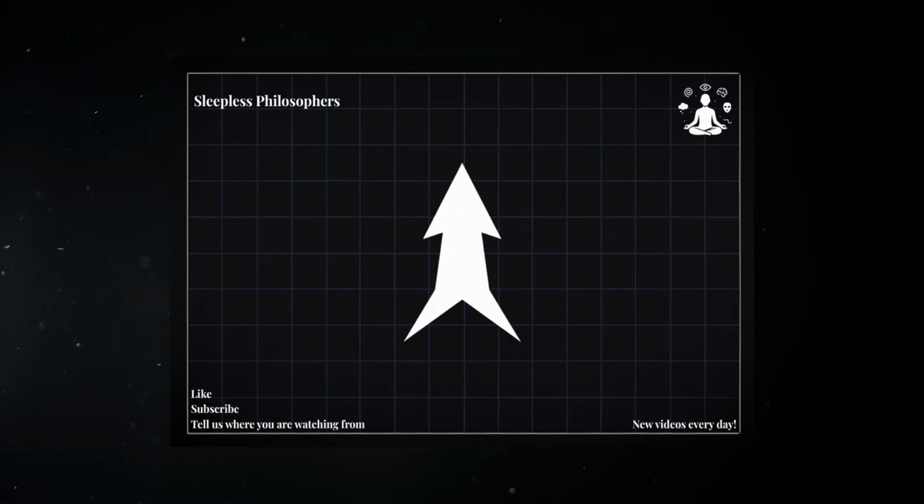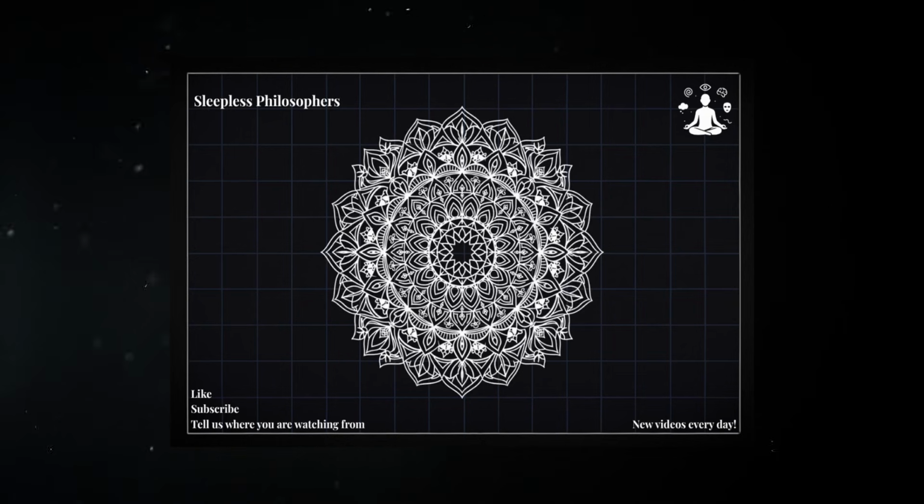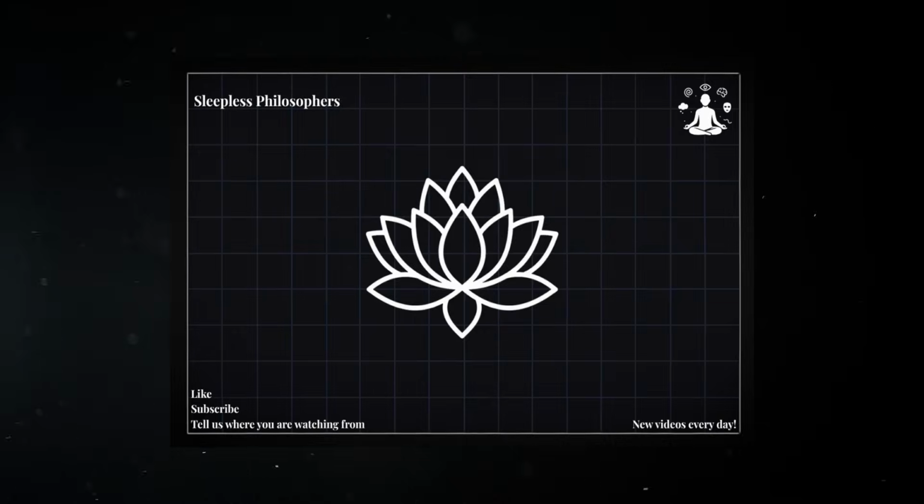Color is processed in one area, motion in another, shape in a third, orientation in a fourth, and all these features are analyzed separately, by specialized modules, by distinct populations of neurons. And yet when you look at a red ball moving to the right, you do not experience color, motion, and shape as separate.